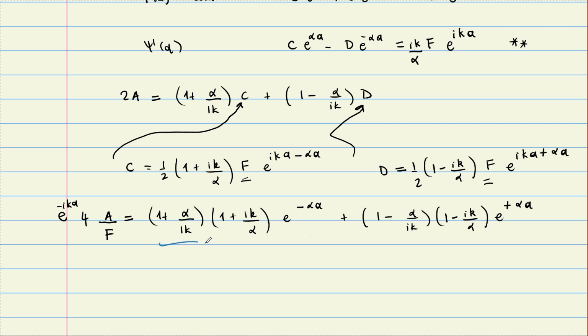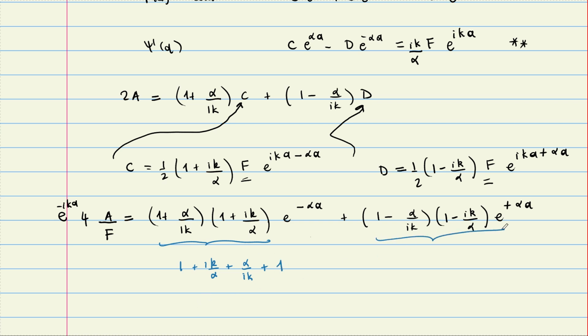Now I look at this. So this is 1 plus ik over alpha plus alpha over ik. So i's are going to cancel, plus alpha k divided by alpha k is going to be 1, right?